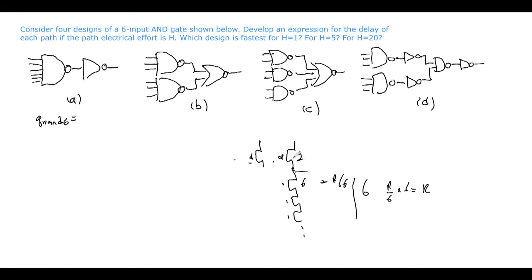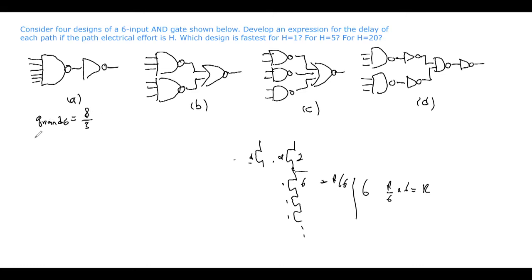So for each input, we will have 2 plus 6, 8 units of capacitance. And that is going to yield a logical effort value for the gate of 8 over 3, relative to the capacitance of an equivalent inverter.